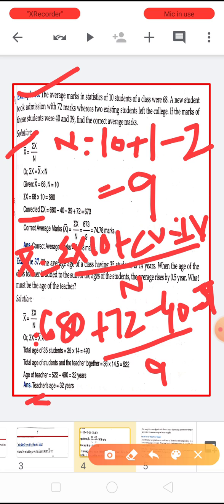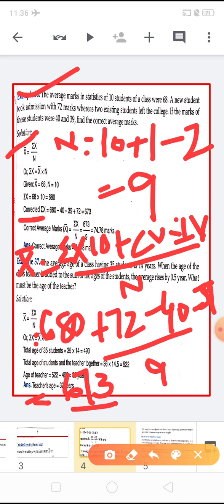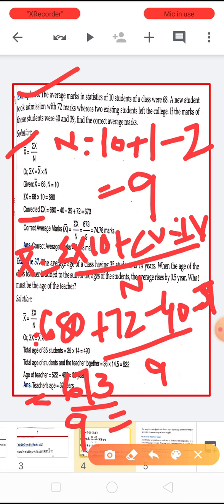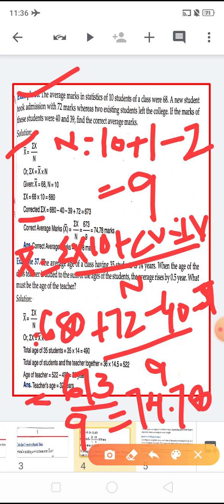So children, it leaves 673 in the numerator, divided by 9, and then the correct average marks is 74.78. Children, this is your answer, and this is the procedure of calculating the correct arithmetic mean.